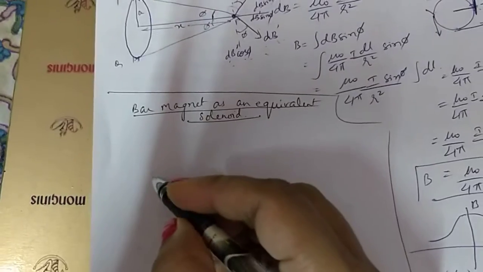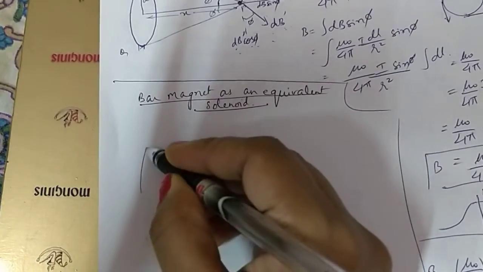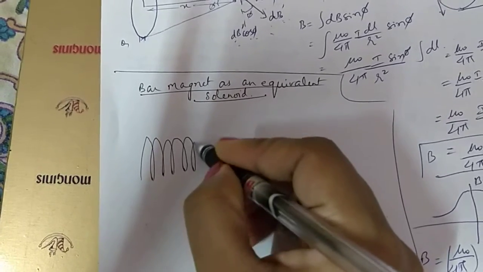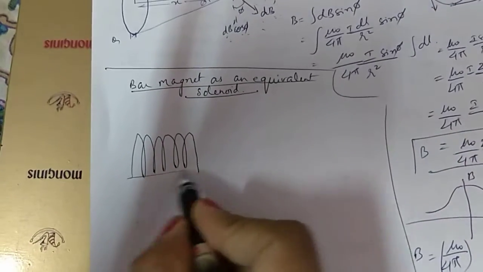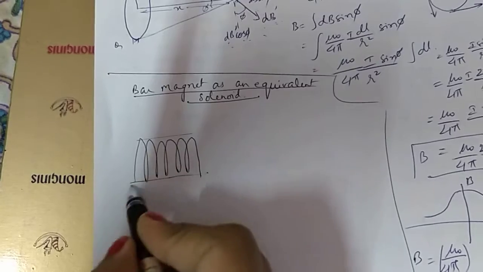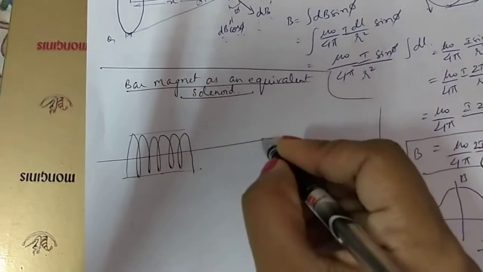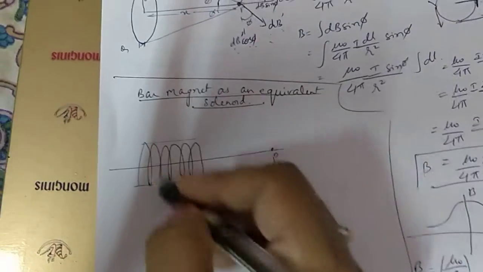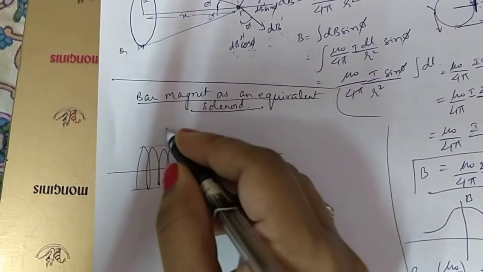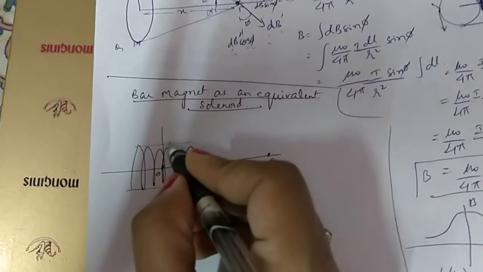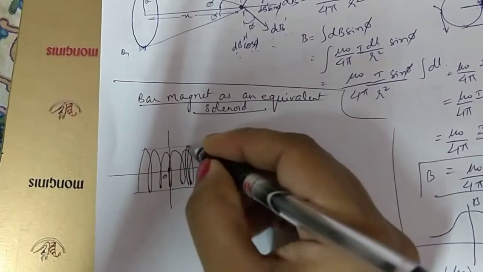Now if I consider so many circular turns of current, this way, if I consider this part, now here is the axis at point P. If I have to find the magnetic field due to this whole thing, let this be my origin, and I will consider any one part.